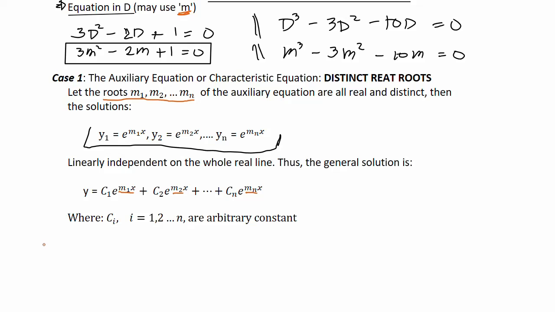So let's find the general solution of this given DE.